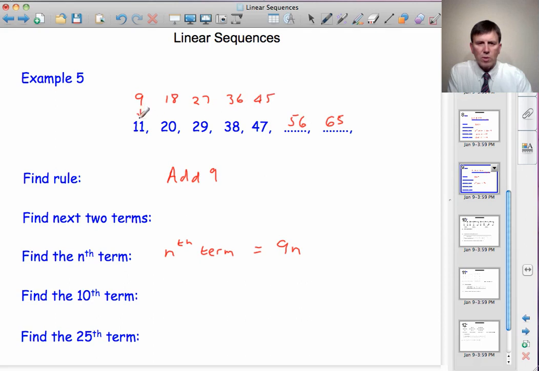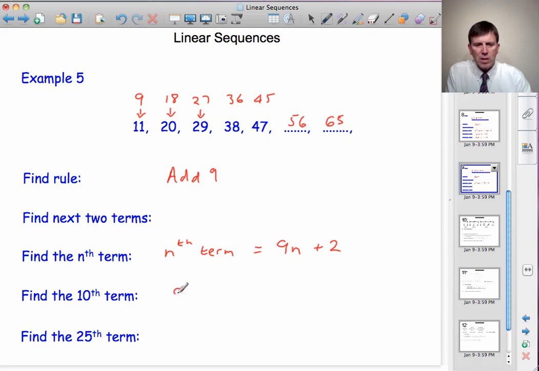So what adjustment do we need this time? We can see that it's simply add 2. So the nth term is 9n plus 2. Should we check it for the fifth term? 9 5s are 45, plus 2 is 47. Works for that, so we can be confident it's right.